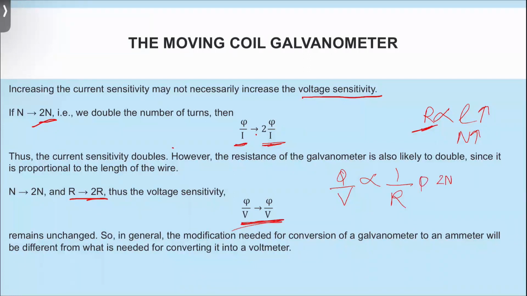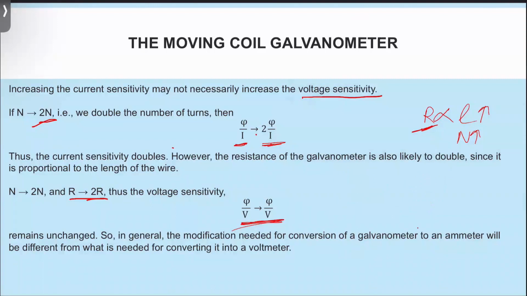If we write phi by V, so if we use 2N, as we know, phi by V is equal to 2nABI by K. So if we have increased the number of turns, we have increased the resistance also by that much amount. So your 2 and 2 get cancelled.